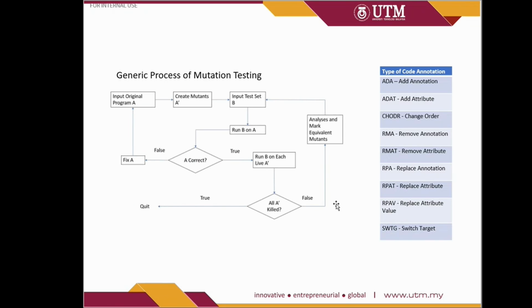Let's jump to the generic process of mutation testing. The first step is to input the original program A, and from there we create a mutant A'. We input a test set B and run B on the original program.